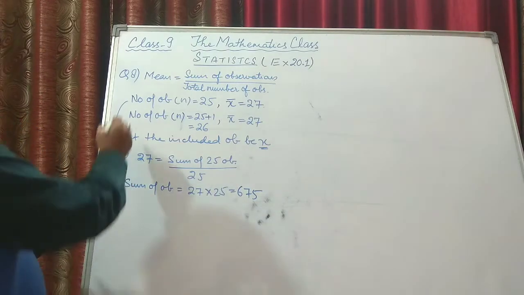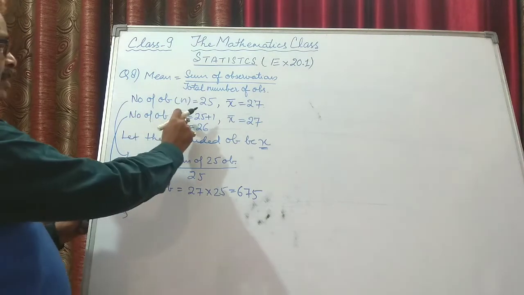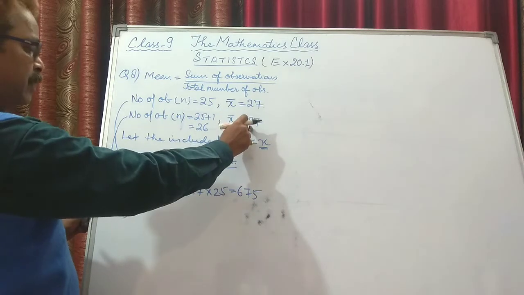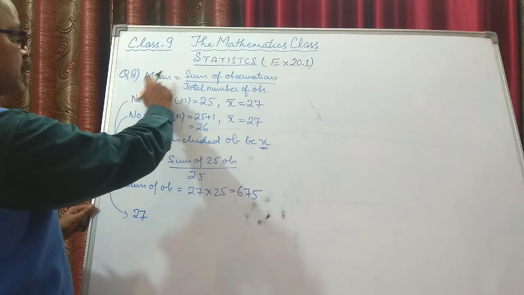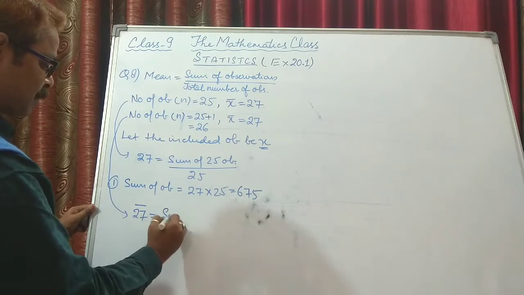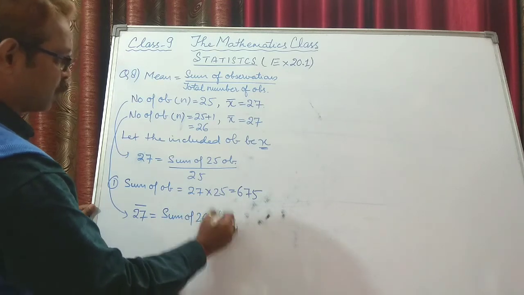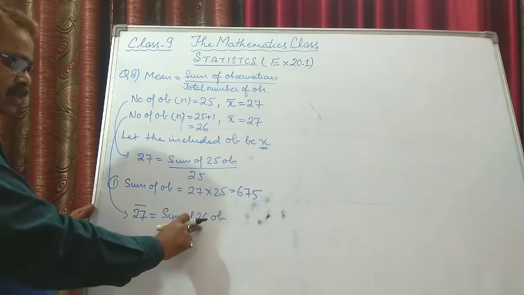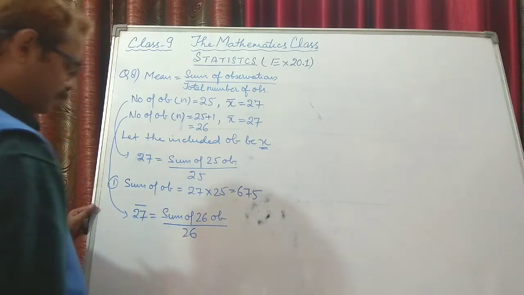Now in the second case, they say the number of observations has changed to how much? 26. So the number of observations has changed and the mean remains the same. So we know mean is equal to the sum of observations, so the sum of 26 observations now. Previously there were 25, but now 1 has been increased. So 26 observations upon 26.